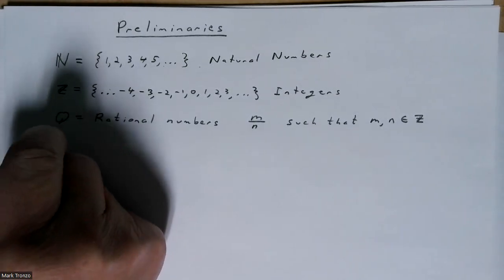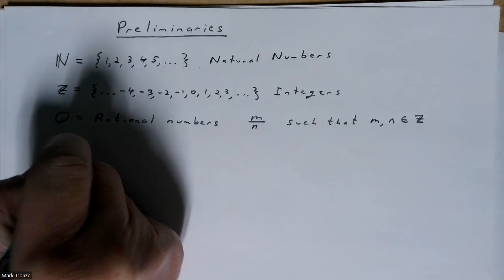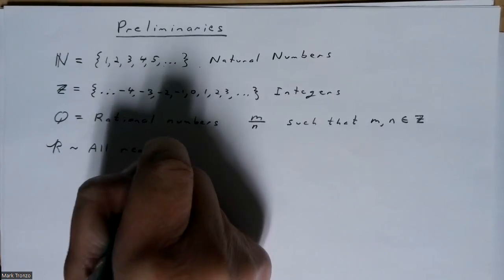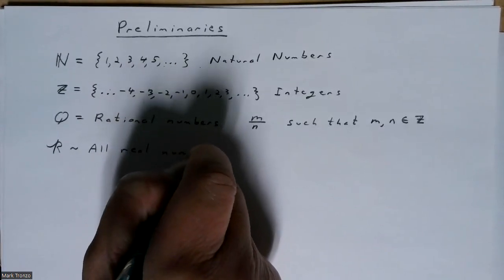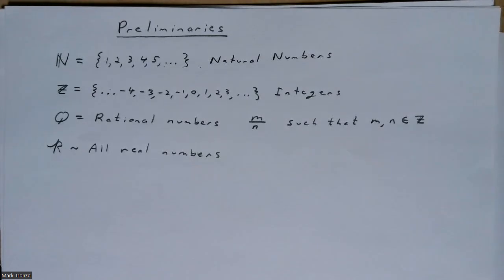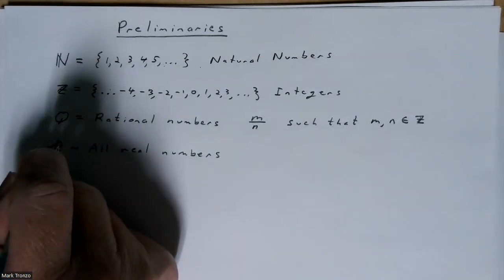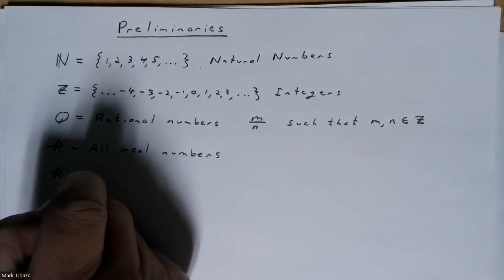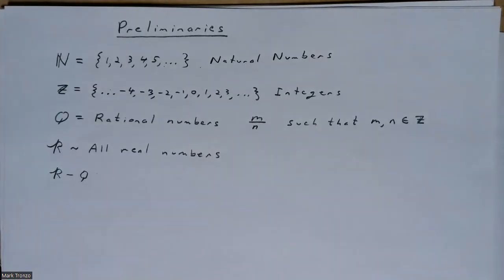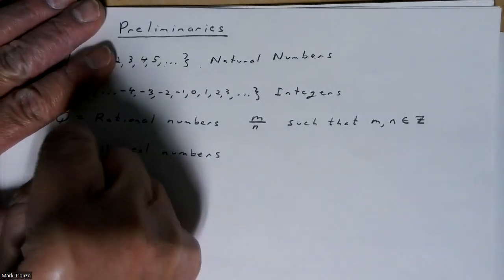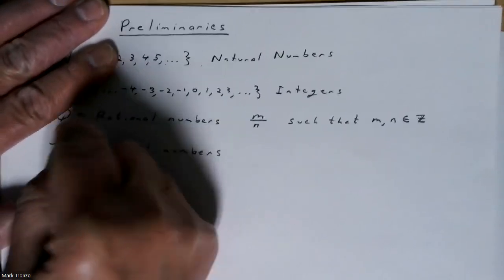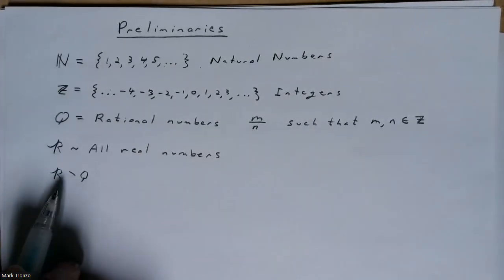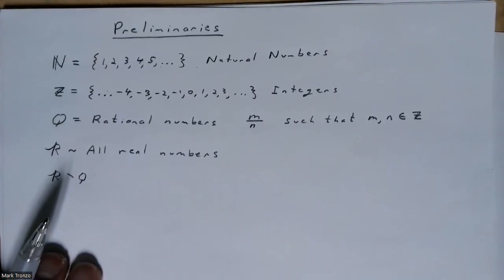And then R is all real numbers. And usually R minus Q, or sometimes written in set notation like this, you can think of as the reals taking away the rationals.